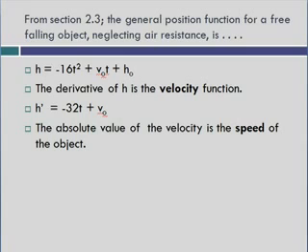I took this from section 2.3, and it talked about the general position function for a free falling object, and it gave us this. And if you go back to that podcast, you'll see this.